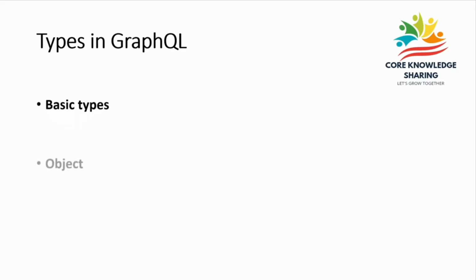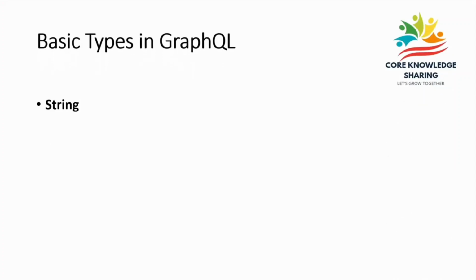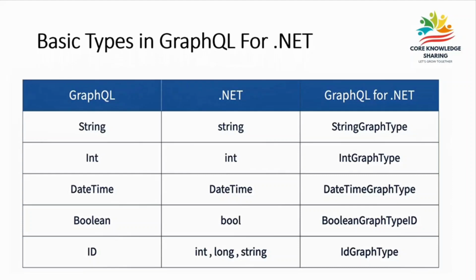So the next thing we learn is types in GraphQL. We have the basic types, and we have the object types. Under the basic types in GraphQL, you have string, int, boolean, float, and then you have ID. Now let's see how we map these in our .NET.